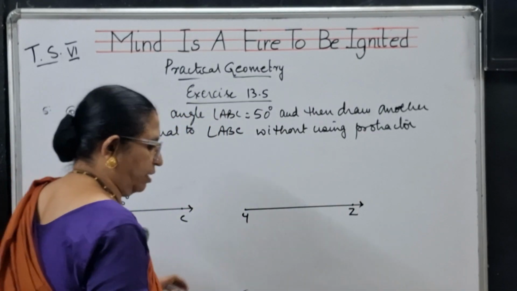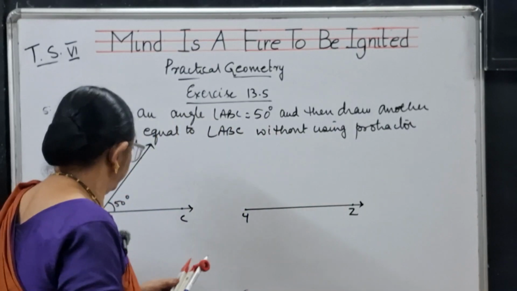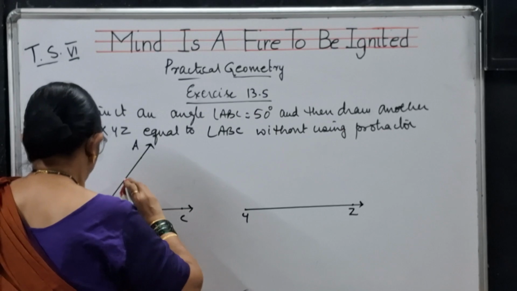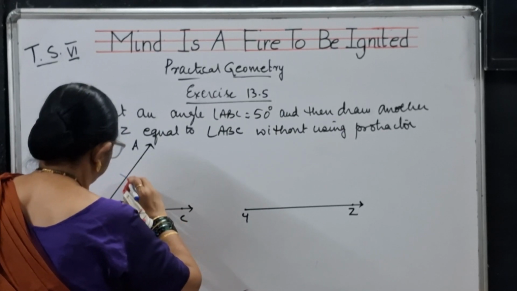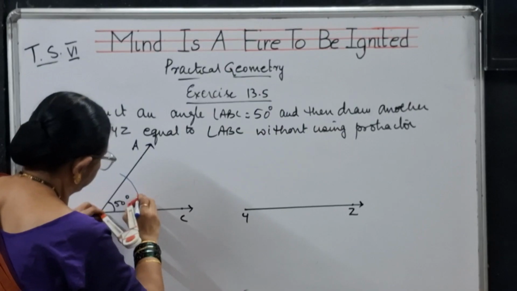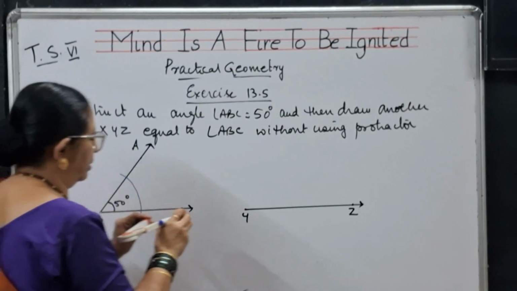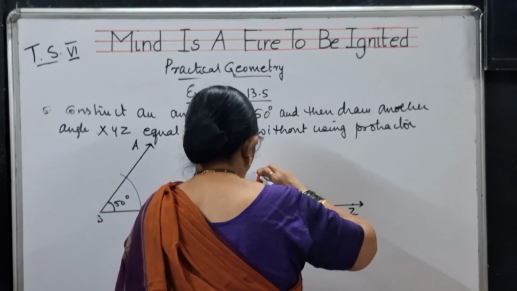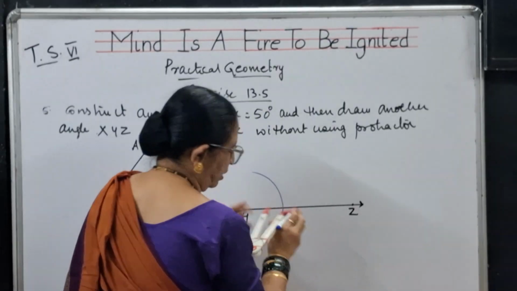After drawing the ray, what you need to do is, by using the compass with some radius, you have to draw an arc. Without disturbing it, with Y as a center, you have to draw the same arc like this.